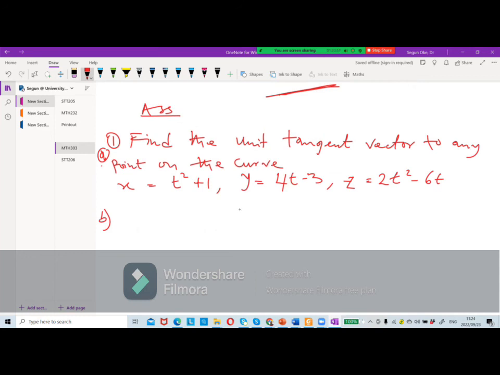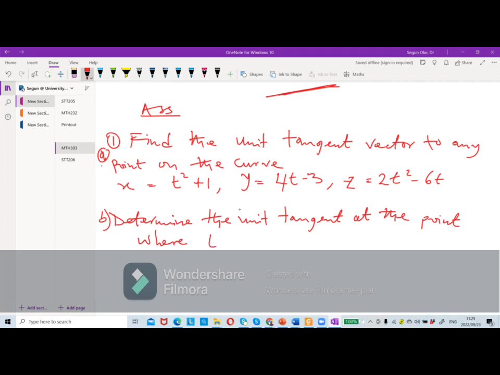The B aspect of it says determine the unit tangent at the point where t is equal to 2.